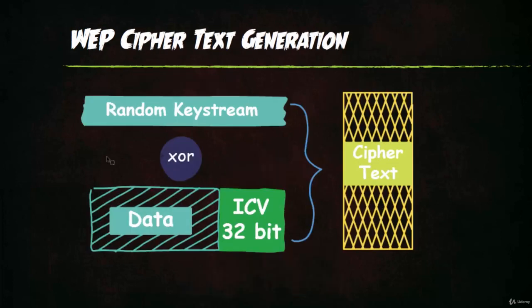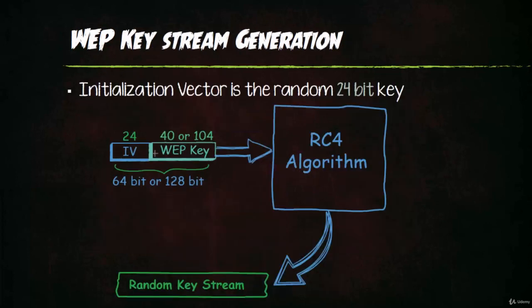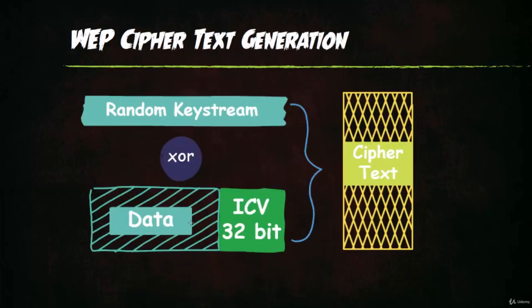In the third step, we will generate ciphertext using the random key which we generated using WEP and the IV, which is the initialization vector, and we pass that into the RC4 algorithm and we get this random key stream, right? We will perform an XOR operation on this random key stream and the data with ICV, so that we will get a ciphertext.